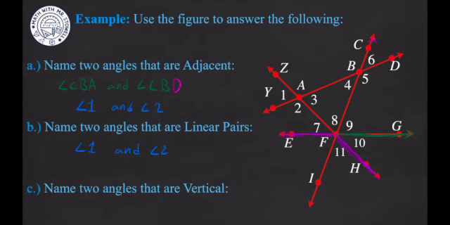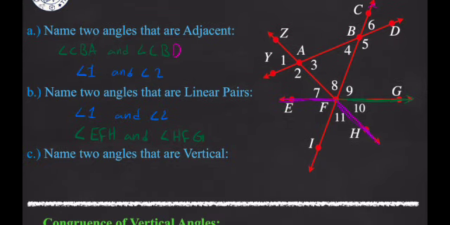Yes, there's an extra ray inside of EFH, but we don't have to count that. So we can say angle EFH and angle HFG are linear pairs. They form a straight line. They are opposite rays for ray FE and FG.